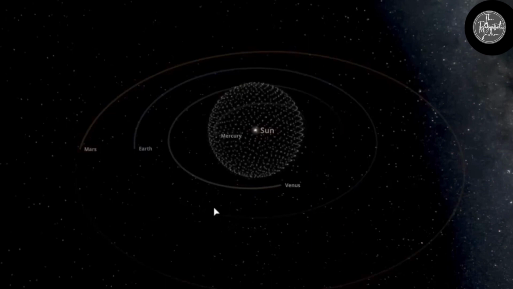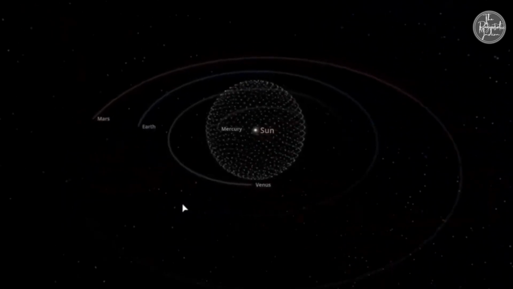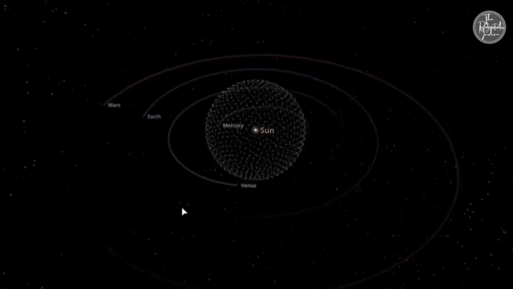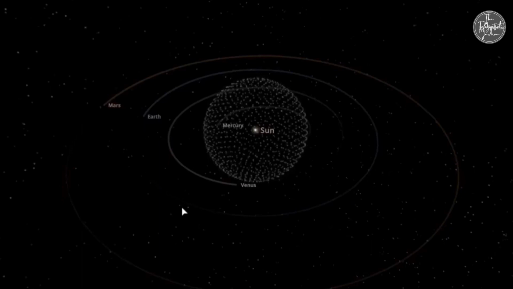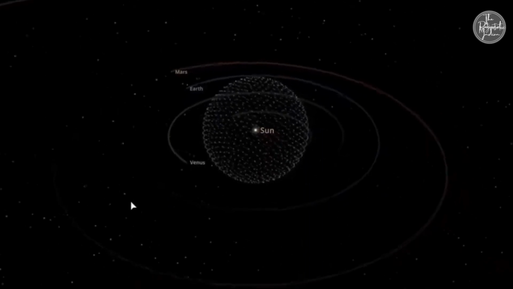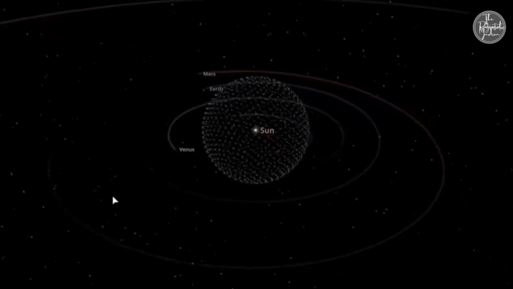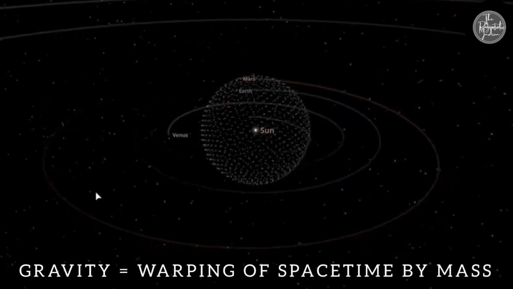The speed of light represents a universal speed limit. Nothing with mass can travel faster than light in a vacuum. This law has far-reaching implications for our understanding of the universe, as it imposes constraints on space travel, communication, and the fundamental nature of space-time. Einstein's theory of general relativity expanded on the special theory by describing gravity as the warping of space-time by mass.